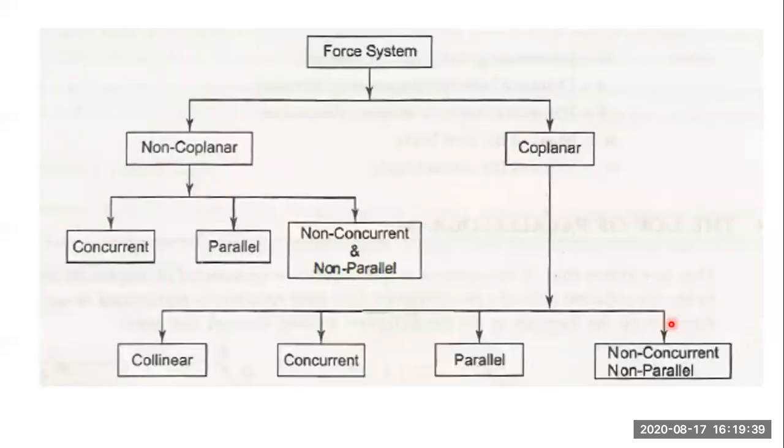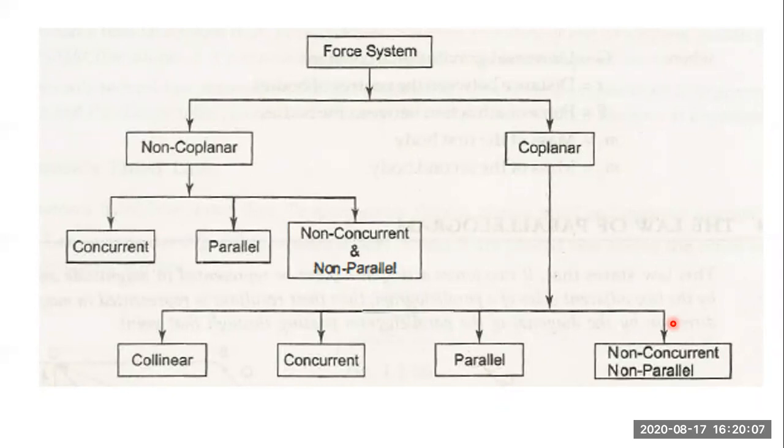A force system can be categorized broadly in two types: non-coplanar forces and coplanar forces. Planar means plane, same plane. Non means no. So if any two forces are not in the same plane, these are called non-coplanar forces.